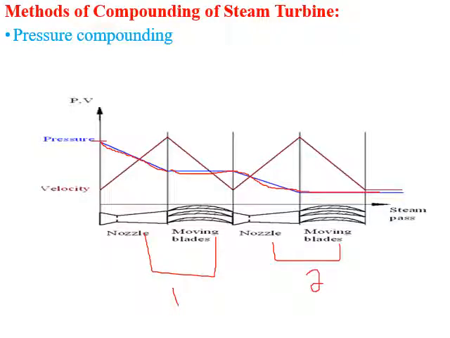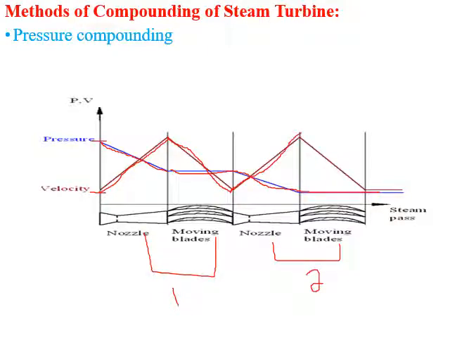See the variation of the velocity here. Initially the inlet velocity is minimum. Due to the drop in pressure, there is a rise in velocity. Then this energy is transferred to the shaft or to the rotating blades. Once again in a nozzle, the drop in pressure occurs and that causes a rise in velocity.